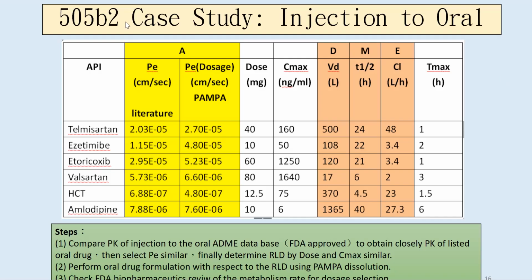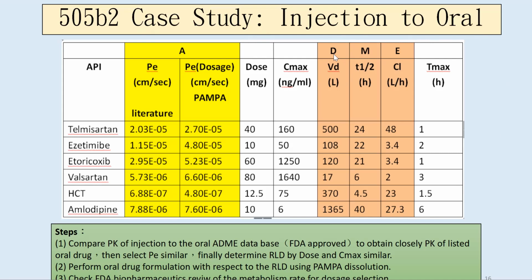The other one is for 505(b)(2). In the case of 505(b)(2), the prediction can also be done using PAMPA dissolution. Let's take a look at this case study. From injectable to oral, how can we do that? Any injectable has PK data also.